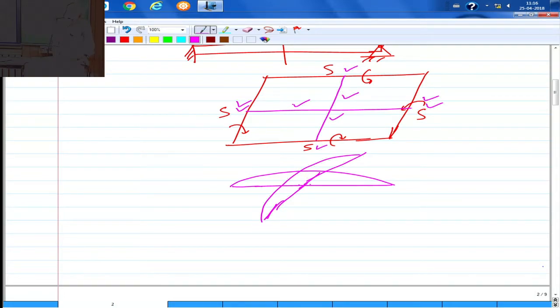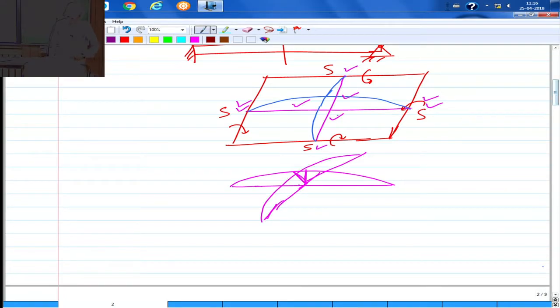So you will find that the variation along x is symmetric and the variation along y is also symmetric. Of course, at this point the displacements are going to be the same. So this is symmetric about both the structural symmetry lines.